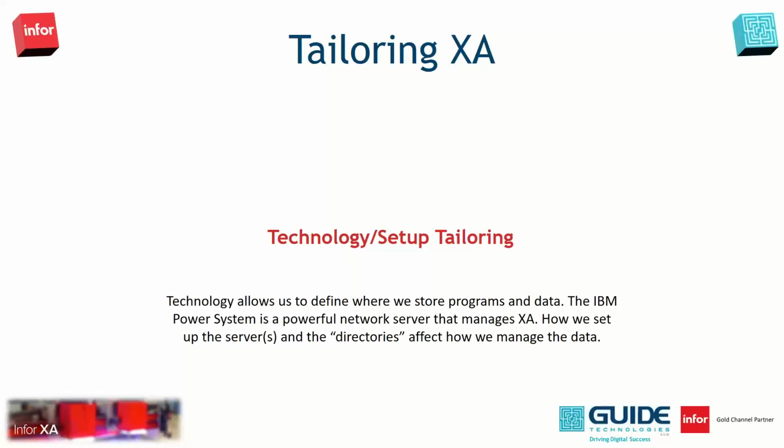Hopefully all of you have a test or a play environment so that when you want to change systems, when you want to experiment with something, see how it will work, you're not necessarily messing up your live data. And we want to be able to make sure that that play area is available to you. So anyway, what does that mean? Where is this information stored? Let's make sure we understand what those concepts are.